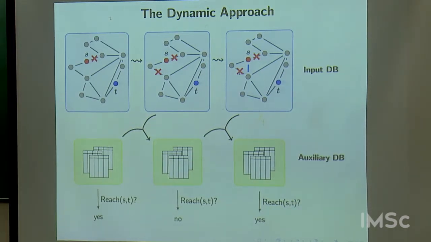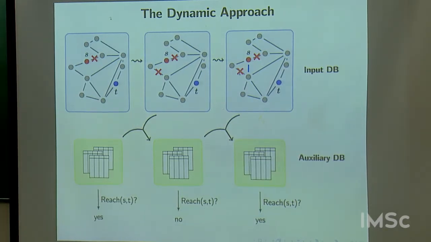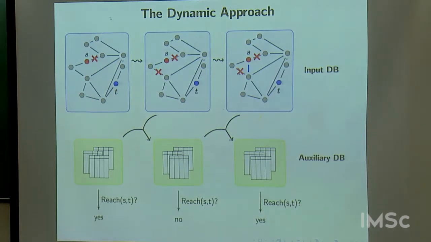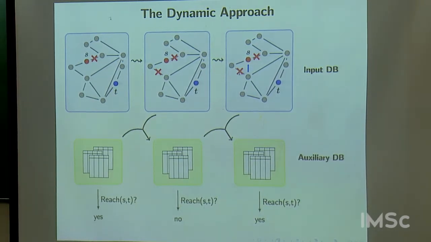So we know that directed reachability is NL complete, and you presumably can't do better than that because it's NL complete. But in the dynamic setting, you can do much better than that. What was known prior to our work was that it can be done in TC0, which is a much smaller class than non-deterministic log space. So anyway, I'll come to that in a minute.